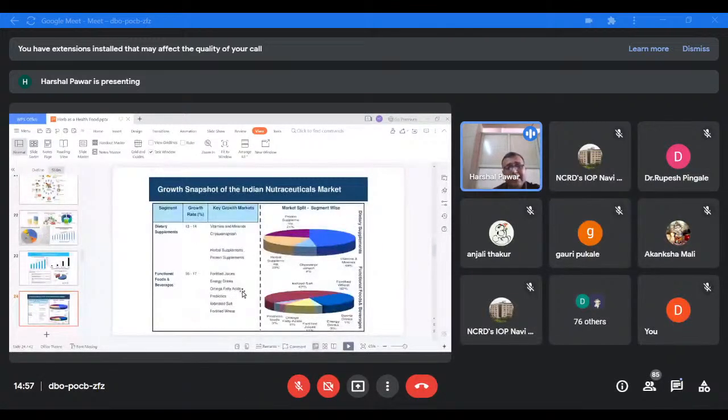Right, so here you can see the market split segment-wise. Dietary supplements which are used especially in India include protein supplements, herbal supplements around 23%, Chyawanprash around 8%, and vitamins and minerals around 48%.